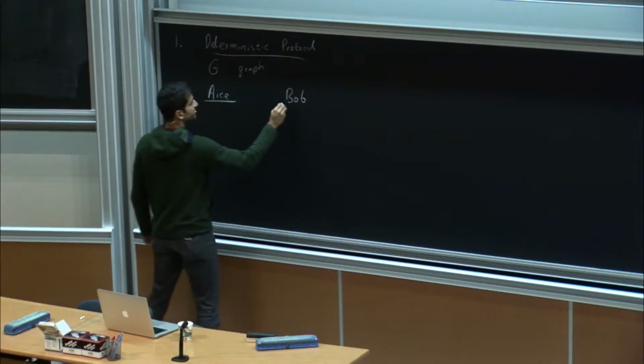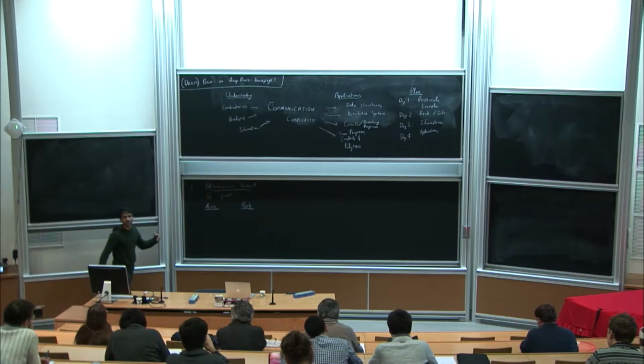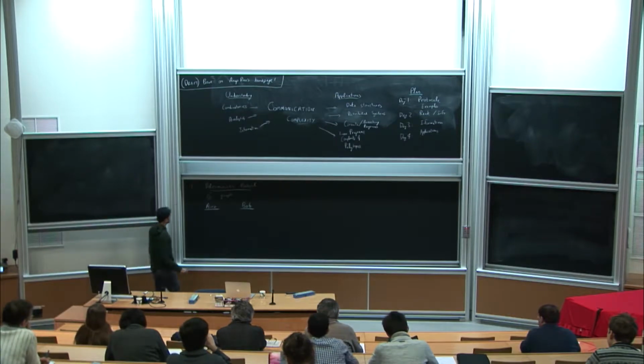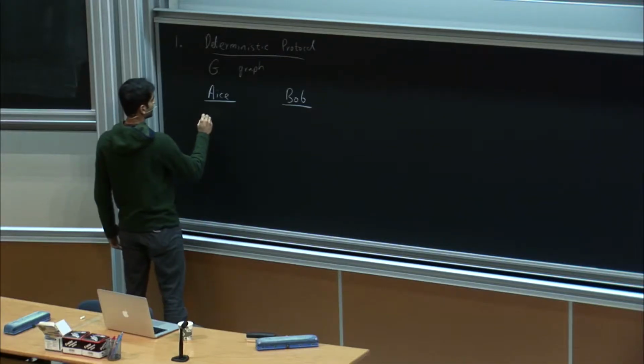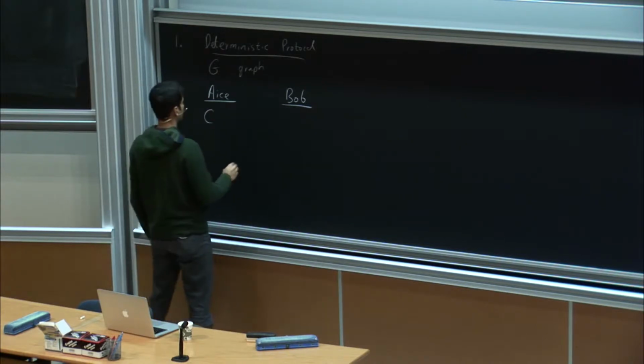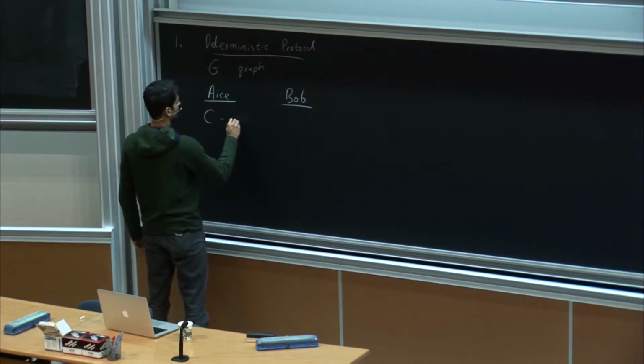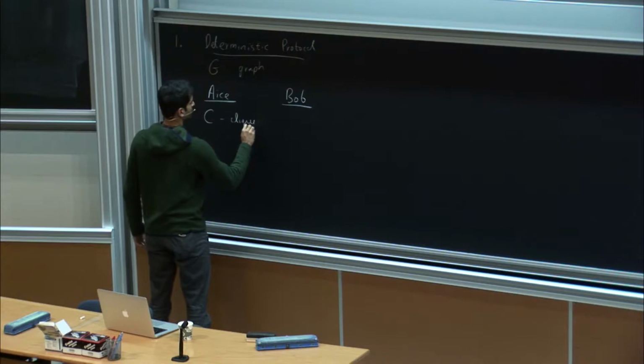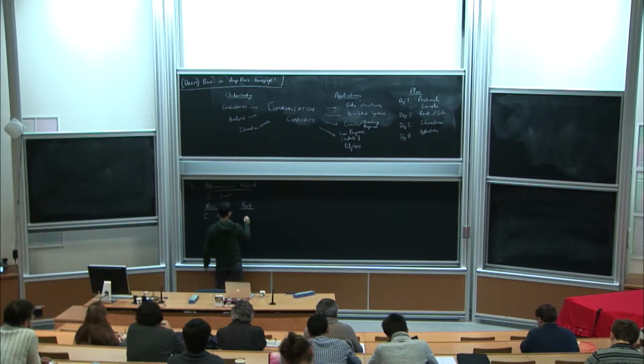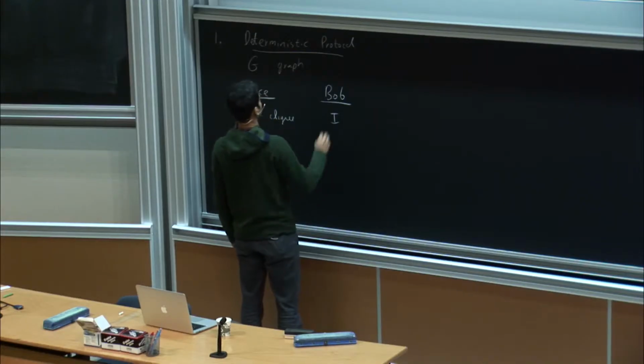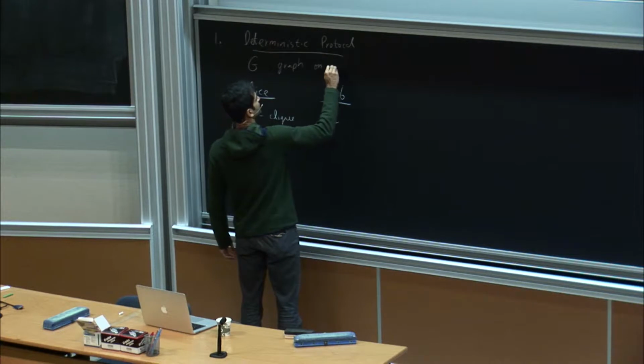They get as inputs two subsets of the vertices of the graph. Alice gets a clique C, namely a set of vertices which are all connected to each other. And Bob gets an independent set I. So let's say this is a graph on n vertices.